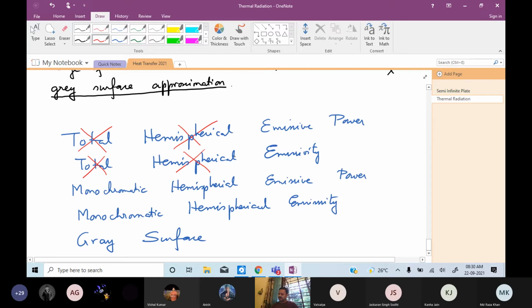Similarly, for monochromatic hemispherical emissive power and emissivity, again we drop these terms. So when we say emissive power, it means total hemispherical emissive power. When we say monochromatic emissive power, it means monochromatic hemispherical emissive power across all directions.